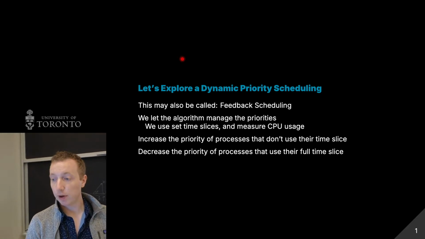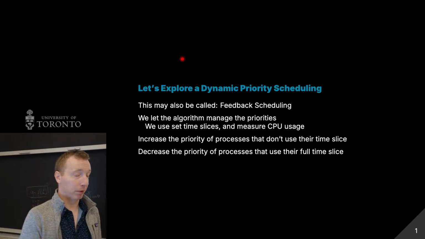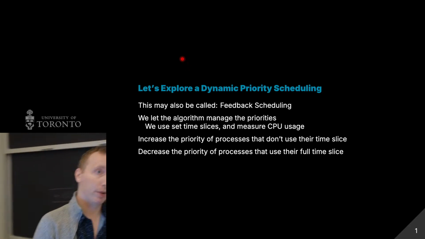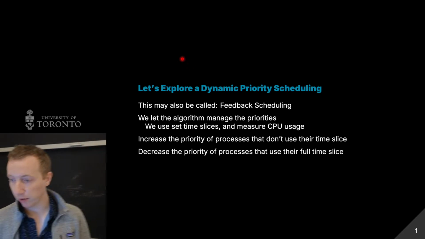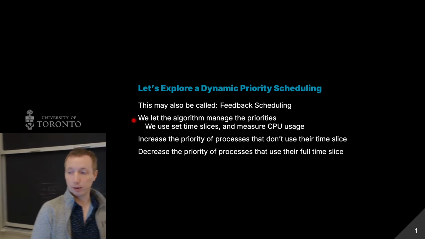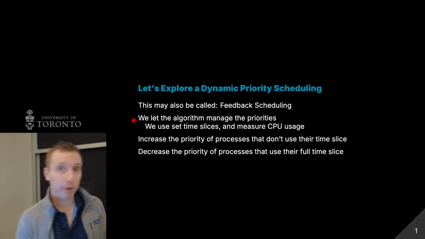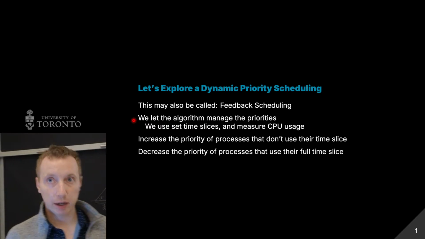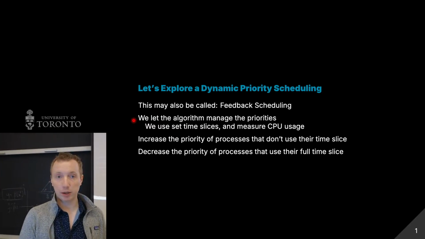Before we went up to round robin, we didn't see any concrete examples of scheduling with priorities, so this is an example of one, and this algorithm is what sets the priorities. Like round robin, we use time slices, but unlike round robin, we're measuring CPU usage.